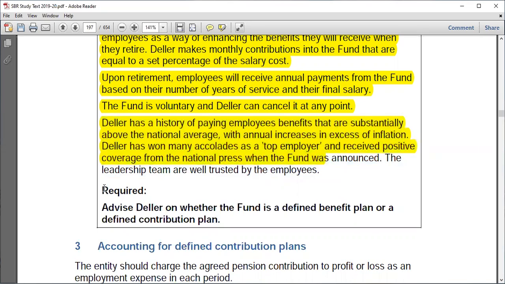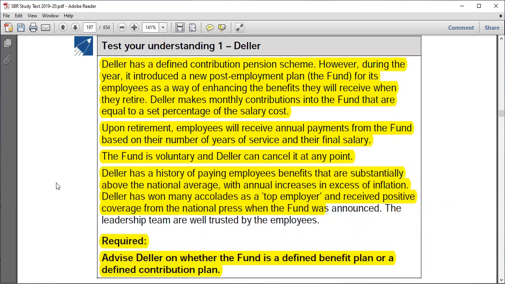Now, what are we required to do? Advise Della on whether the fund is a defined benefit plan or a defined contribution plan. So a defined contribution plan is already in place, but another thing has been introduced called the fund, and it has the following features, right? First, Della makes monthly contributions to the fund. That's no big deal.